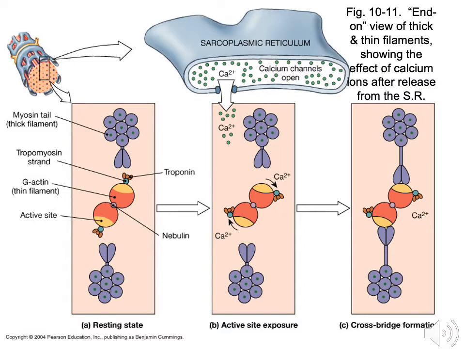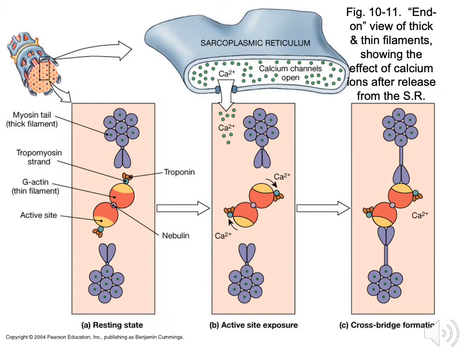We've got three diagrams across the bottom of the screen, A, B and C. A is the resting state, with tropomyosin and troponin blocking the active site, so we have no attachment between the myosin and the actin. B, due to nervous impulse, calcium is being released.